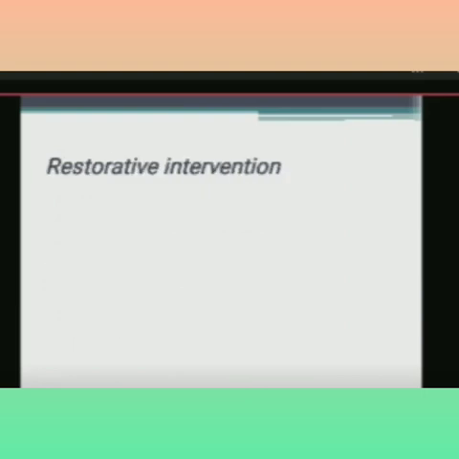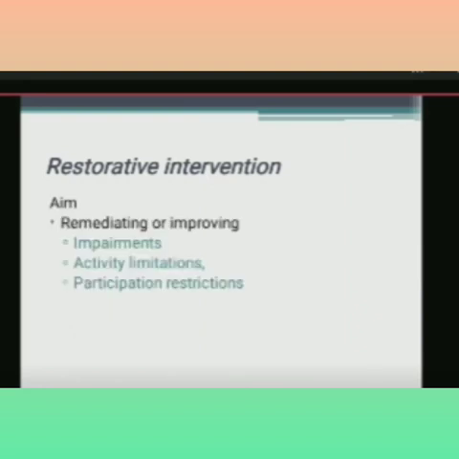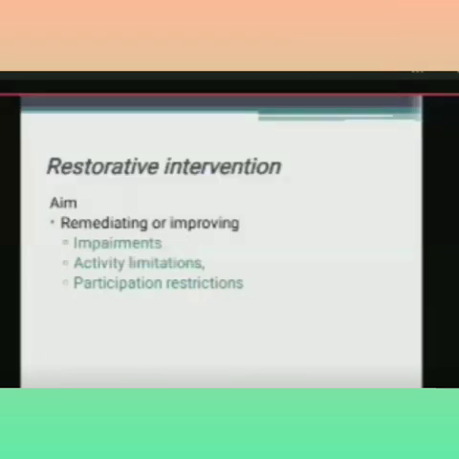The first method of rehabilitation is the restorative intervention. Restorative means improving or remediating. If there is some impairment, activity limitation or participation restriction, we can rehabilitate to gain back the normal physiological condition or whatever activity they are not able to perform.